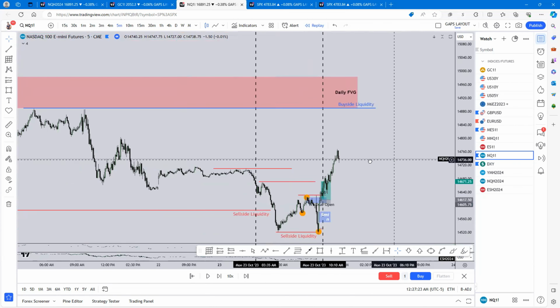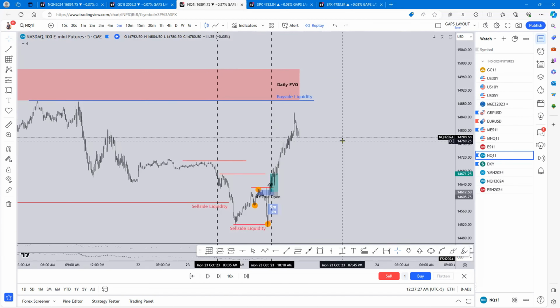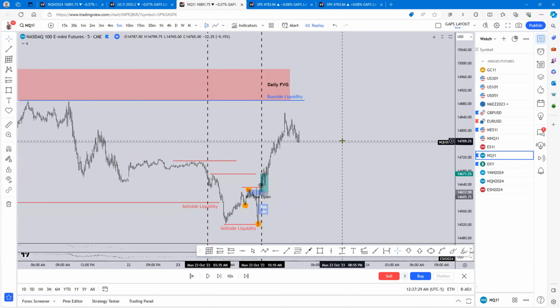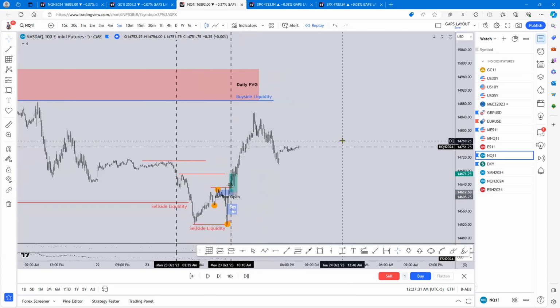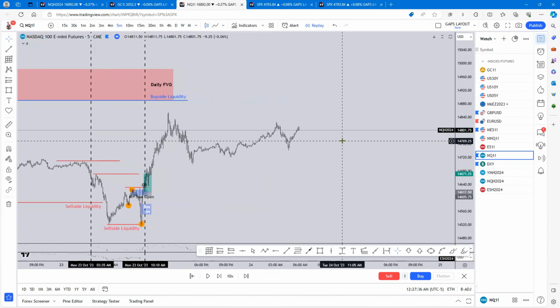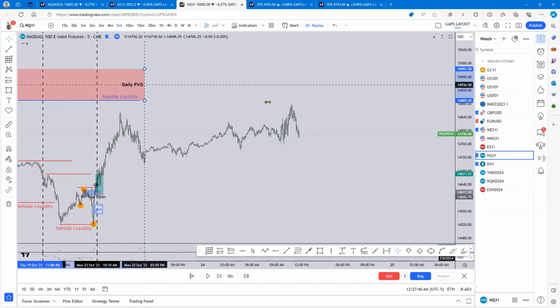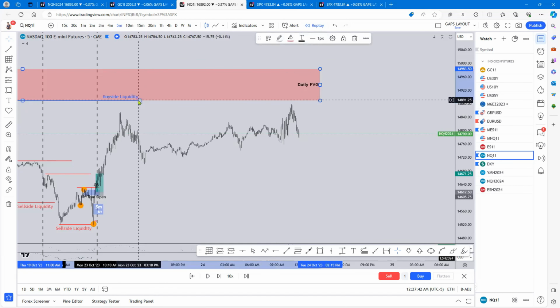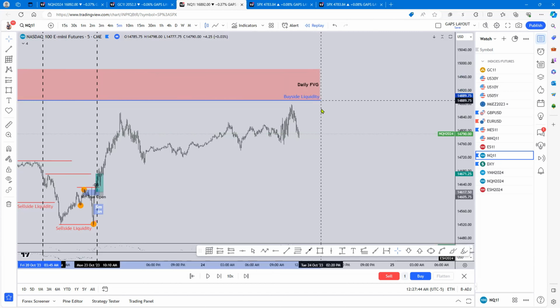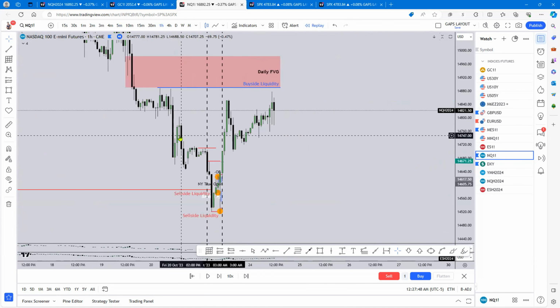So once we reach this daily, if we go fast forward here, okay, we can see here, this buy side here. Again, we can frame it on the 1 hour.